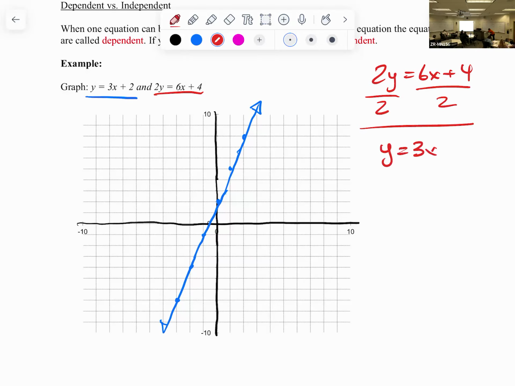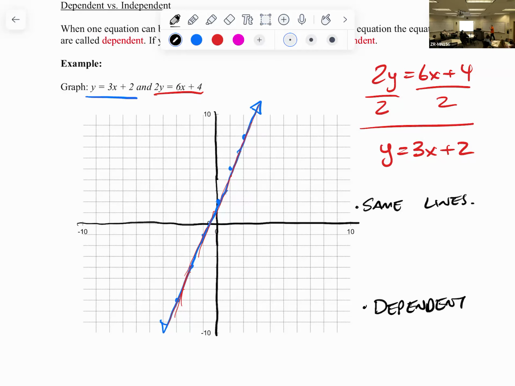So they're the same. My goodness, they are the same. One is just a multiple of the other line. These are the same lines, and these are what we call dependent lines.